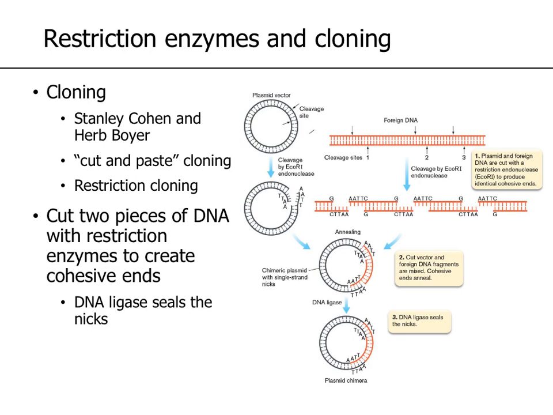If you cut them with the same restriction enzymes, you create compatible ends. So this end from the plasmid sticks to this end from the foreign DNA. Then you throw in a DNA ligase, just like the one that closes up the end of replication, and it ligates it, and now you have a new plasmid with a new sequence in it.